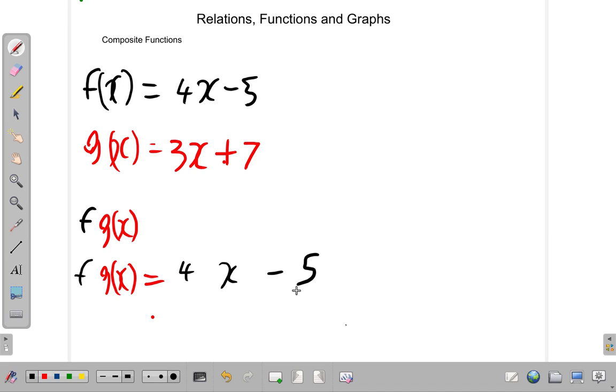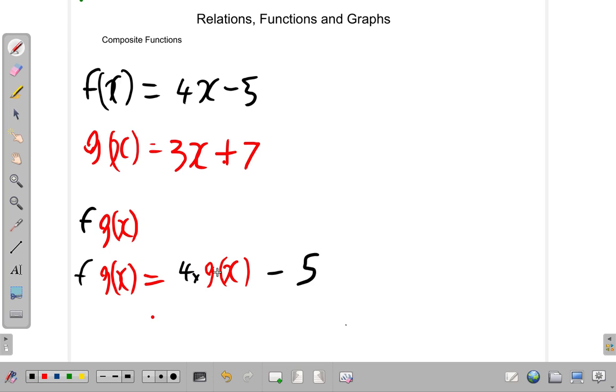Now, this would be f of x, but we're not finding f of x. What we're finding is f g of x. So this x must be changed to g of x. So it is 4 multiplied by g of x.